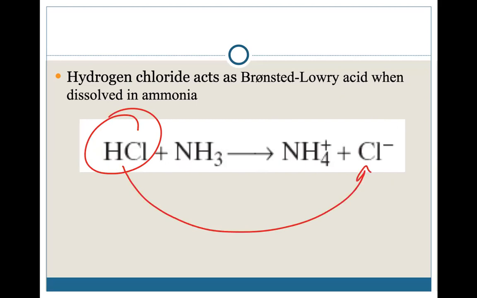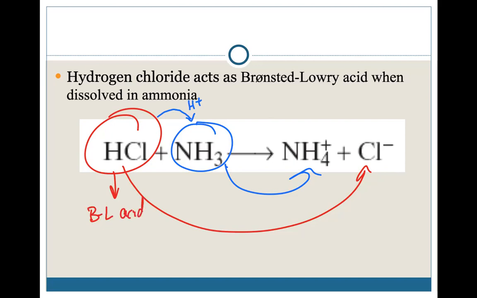So what happened? HCl donated a proton to ammonia, which created NH4. So you look at NH3 became NH4. NH3 got a proton, which is a hydrogen ion, from HCl. This makes HCl a Bronsted-Lowry acid, simply because it donated a proton.